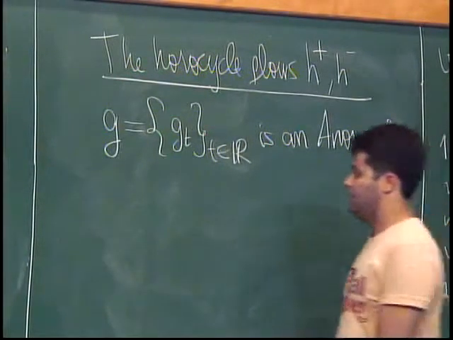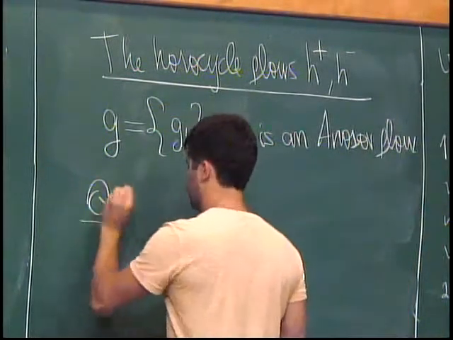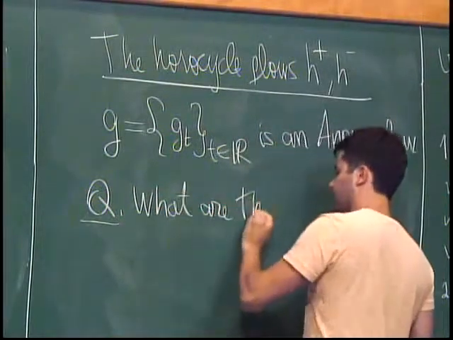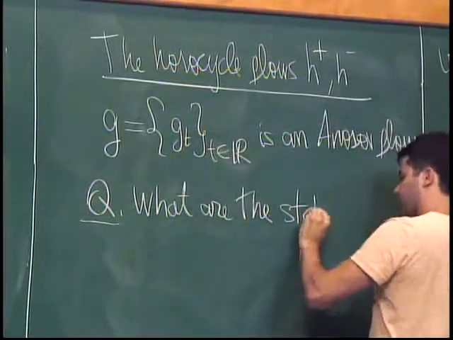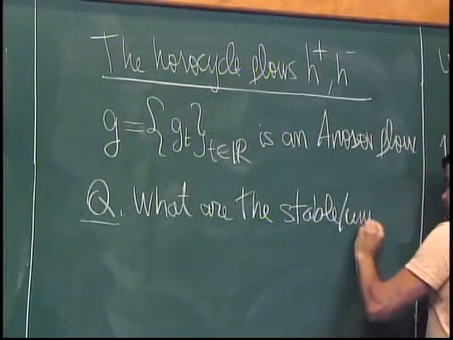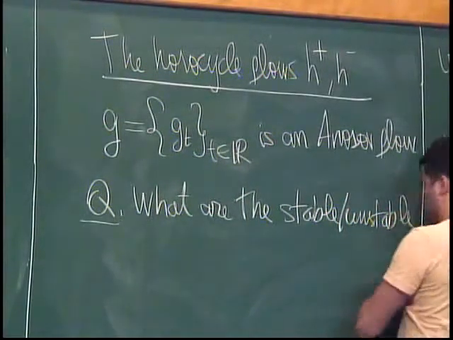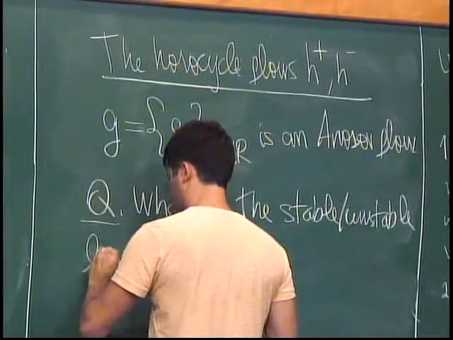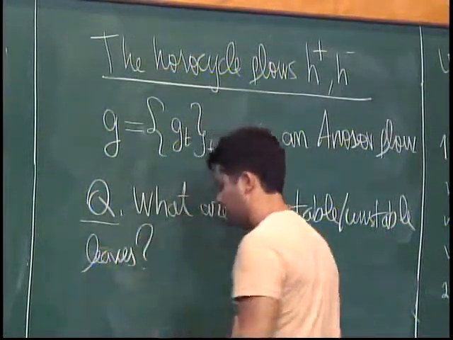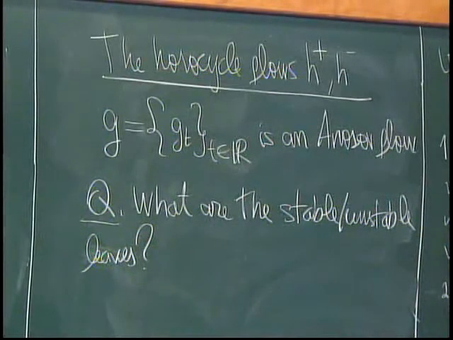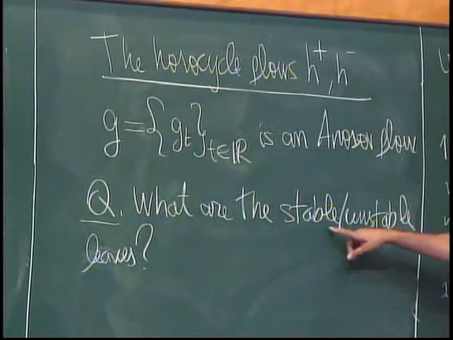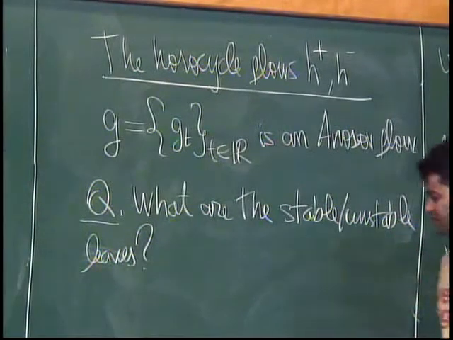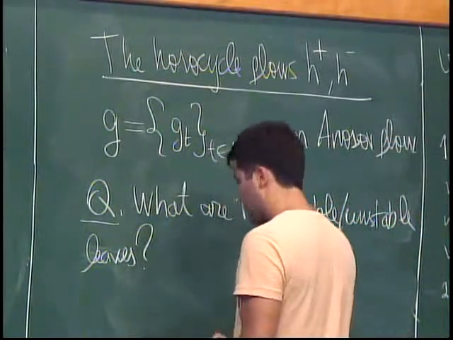Okay? So the question is, what are the stable and unstable, let's call them leaves. The stable is what we are going to call the stable horocycles, and the unstable horocycles. And now I'm going to describe them to you.